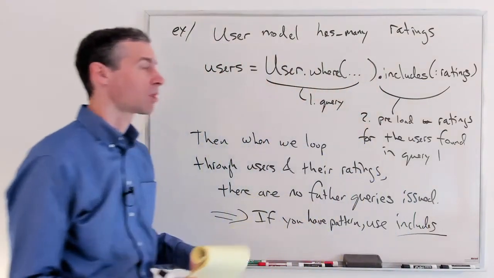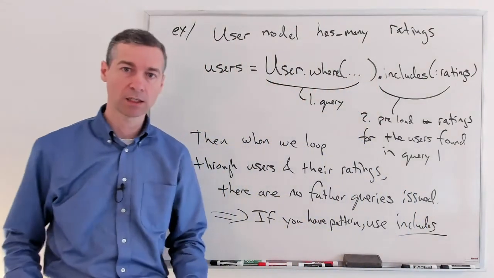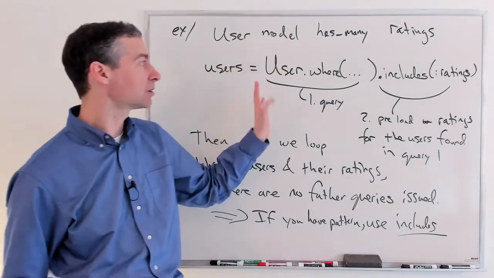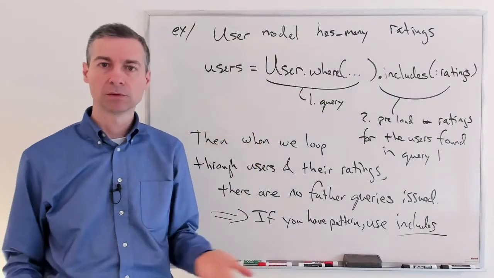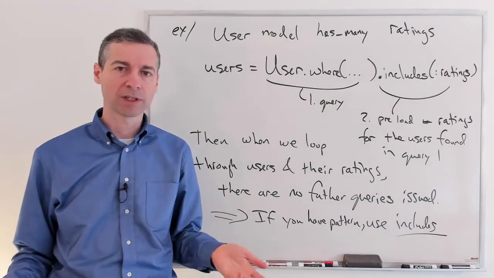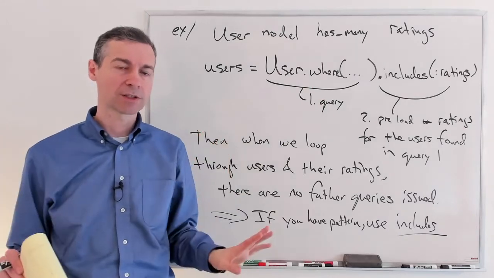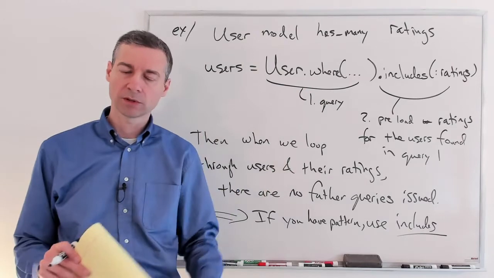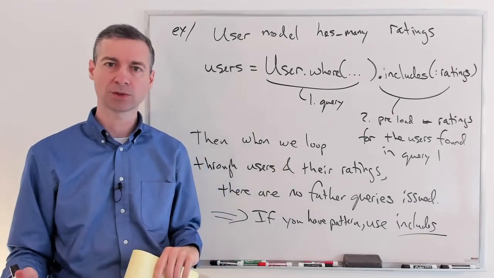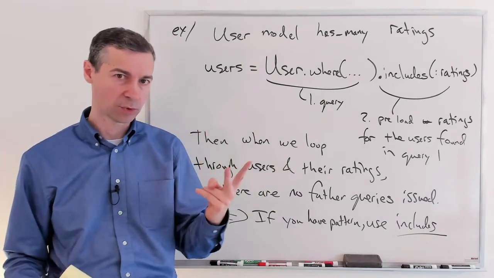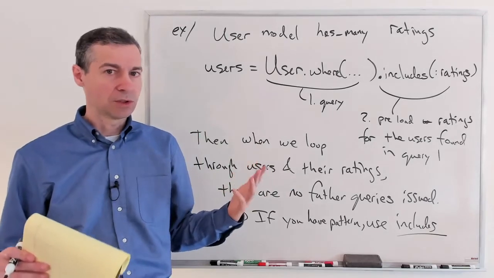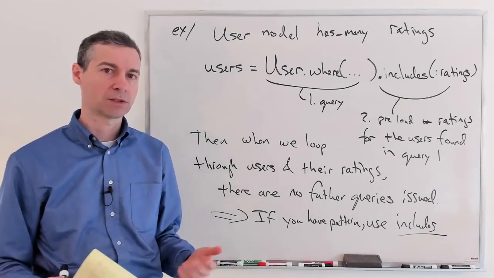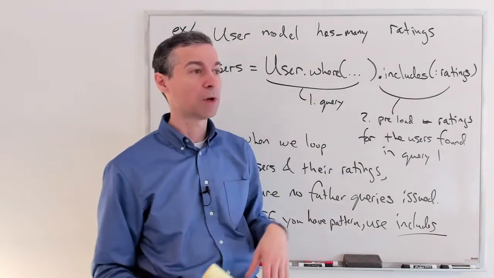Okay. Should you start tacking on includes every single time? The answer is no. You shouldn't, because in a lot of circumstances, you're going to do one query to get one user and one query to get that user's ratings. That's just 2 queries. You don't need to go around saying you want this.